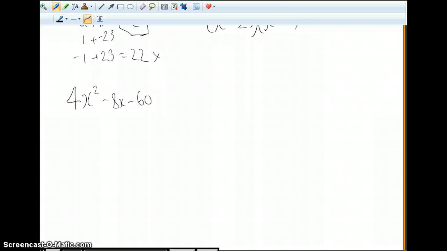This problem here can be a little bit off-putting, given that there's not a 1 in front of the x squared. The first thing you can do is see if 4 goes into 8 and 4 goes into 60, because you can save yourself quite a bit of effort. So I've chosen one that it does.